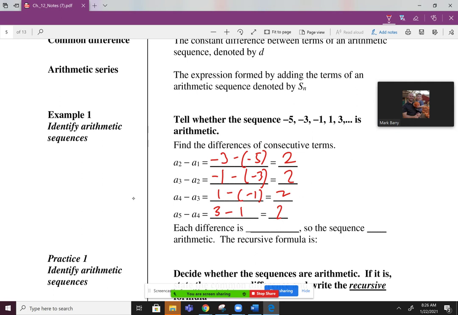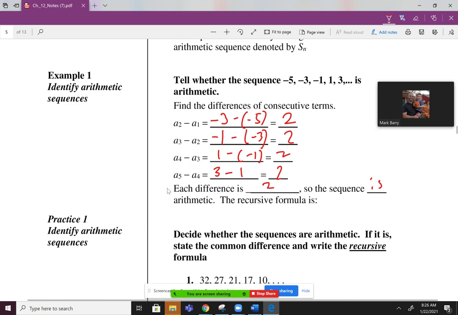Since each difference is 2, the sequence is arithmetic. We can also say that d equals 2. That's going to be a key number for us on all of these, the common difference. So that was the official way to do it.